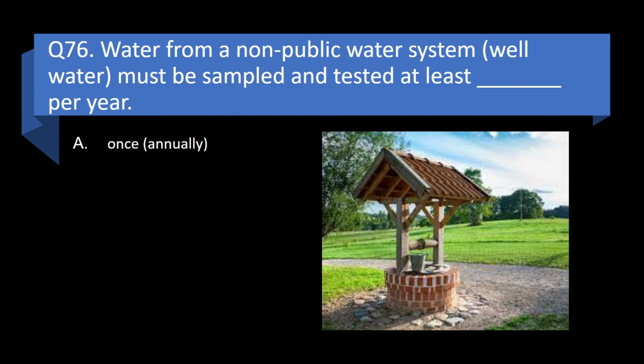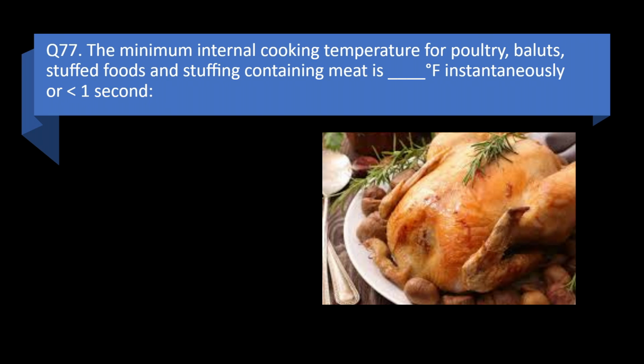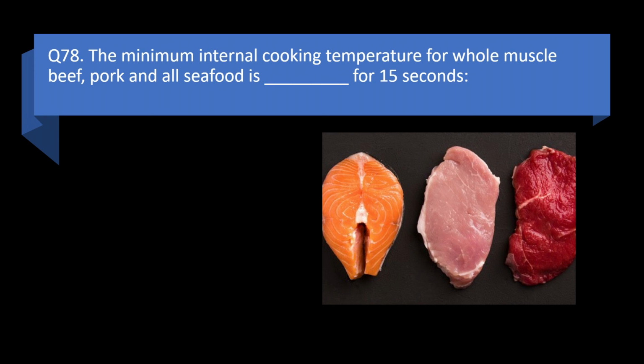A. Once. Question 77. The minimum internal cooking temperature for poultry, ballotines, stuffed foods, and stuffing containing meat is blank degrees Fahrenheit instantaneously or less than 1 second, 135 degrees Fahrenheit, 145 degrees Fahrenheit, 155 degrees Fahrenheit, or 165 degrees Fahrenheit. D. 165 degrees Fahrenheit.